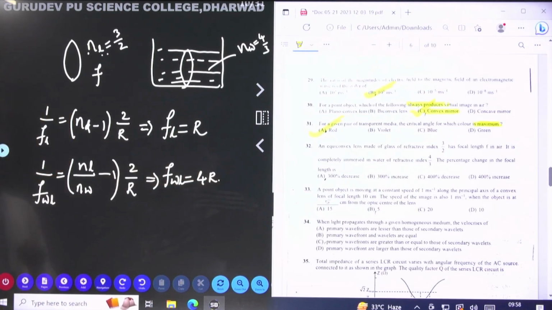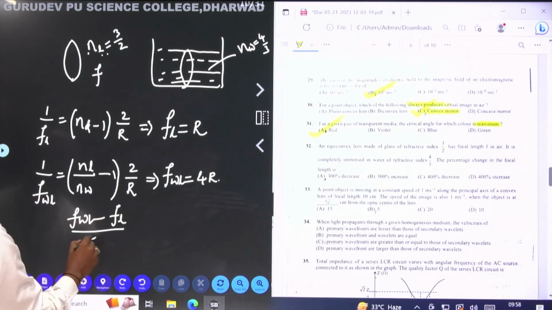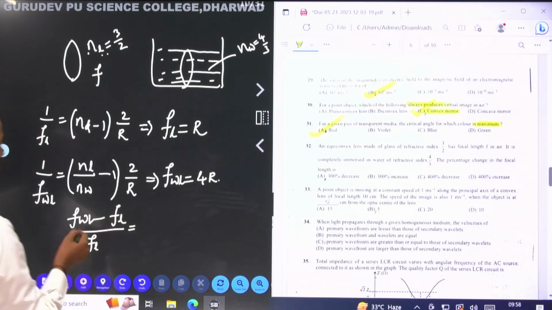Now you have to find out the change in the focal length. That is focal length FWL minus FL divided by FL. Correct?